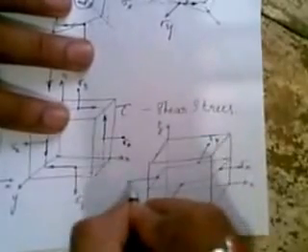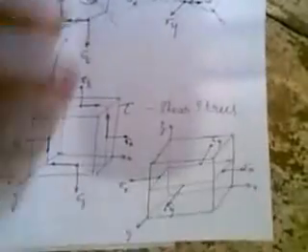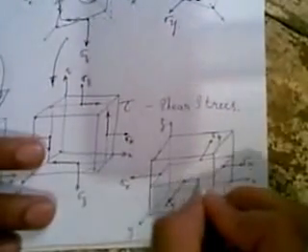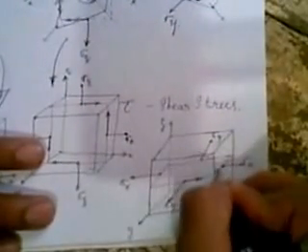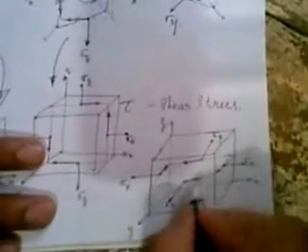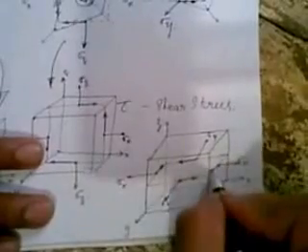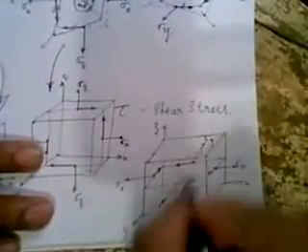Sigma X, Sigma X. Positive direction along this point is this one. Positive direction along this point is this one.